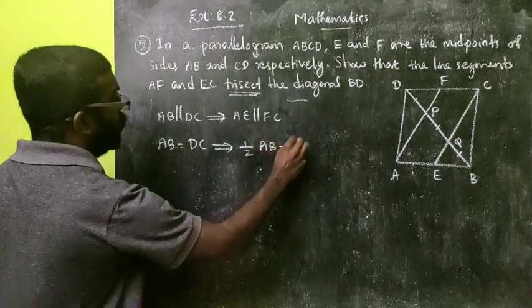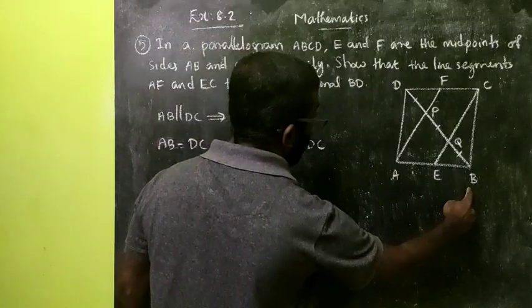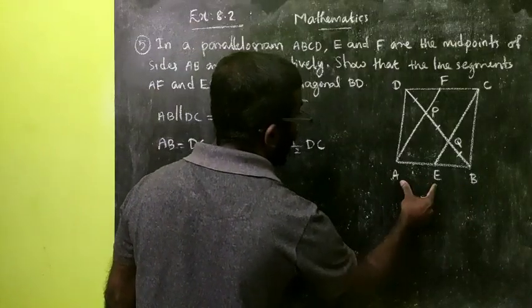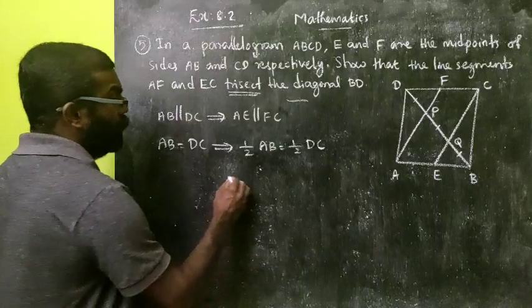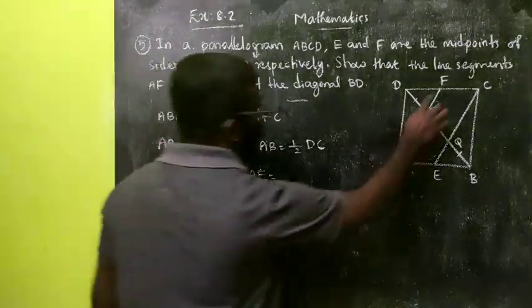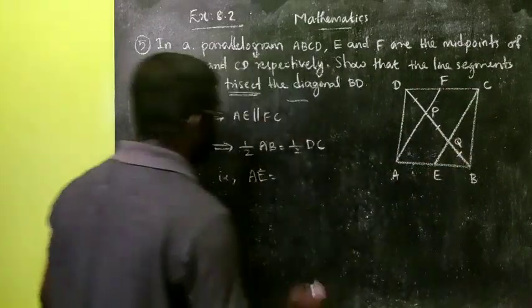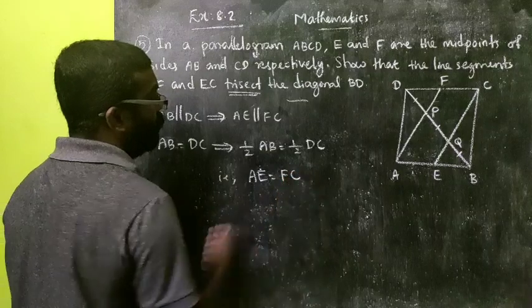Half AB equal to half DC. Since E is the midpoint of AB, half of AB is AE, and F is the midpoint of DC, so half of DC is FC. So AE is equal to FC.